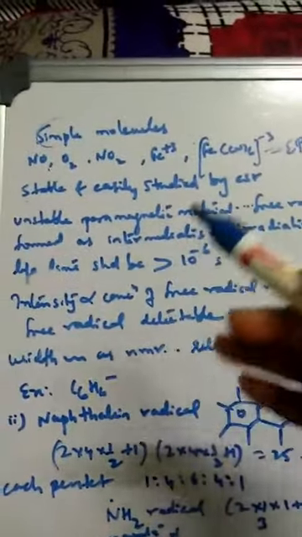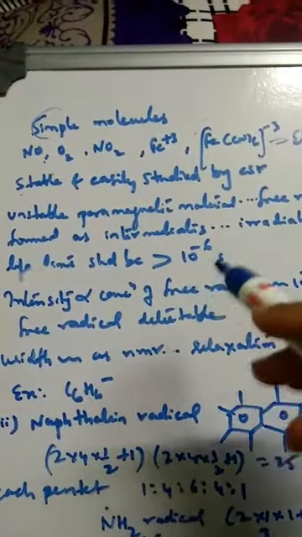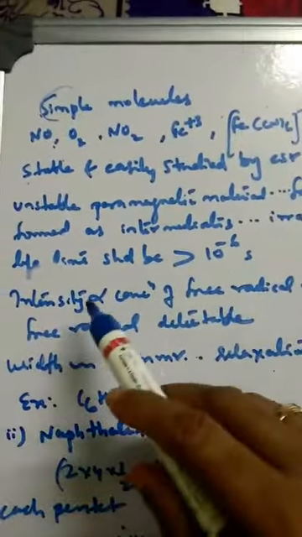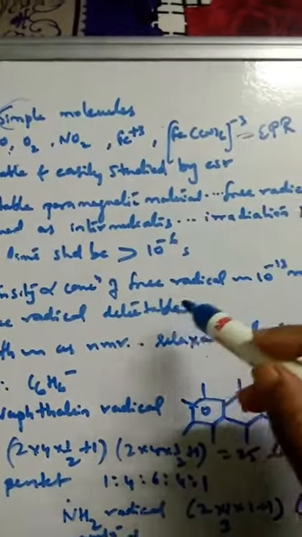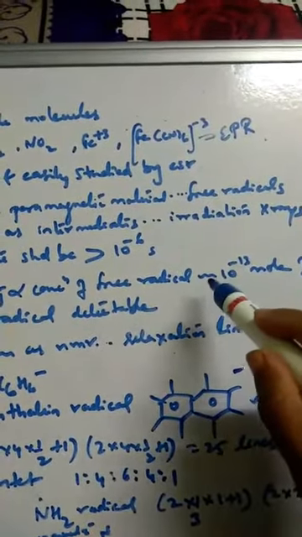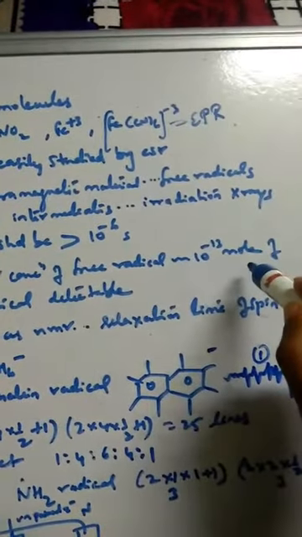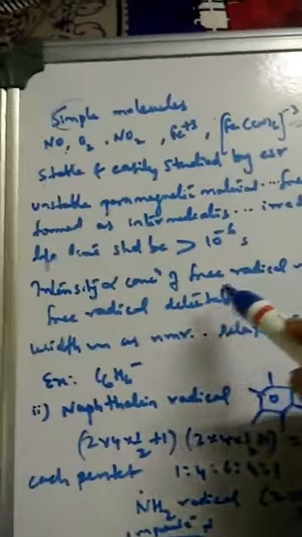And the intensity obtained graphically, as we saw in the last video, is directly proportional to the concentration of free radicals. The favorable detection level is 10 to the power minus 13 moles of free radical.